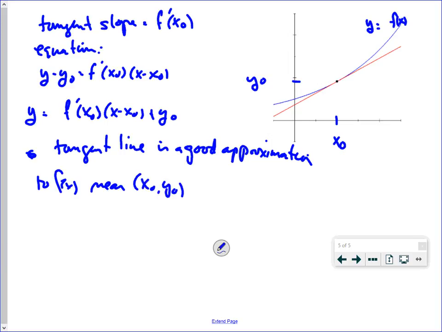As long as you don't stray too much from the point, the tangent line is close to the function, so we can use it as an approximation. That's what's sometimes called the linearization of the function: f prime of x0 times x minus x0 plus y0.